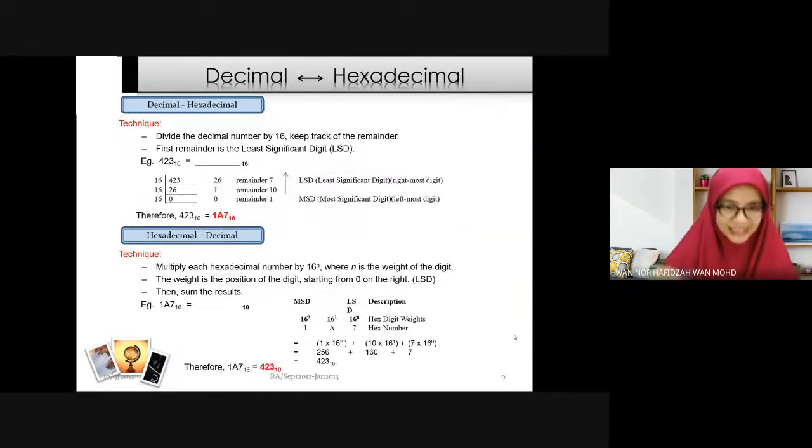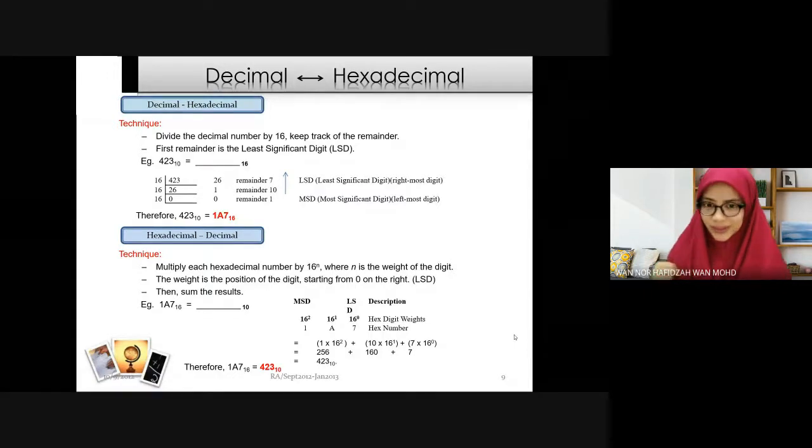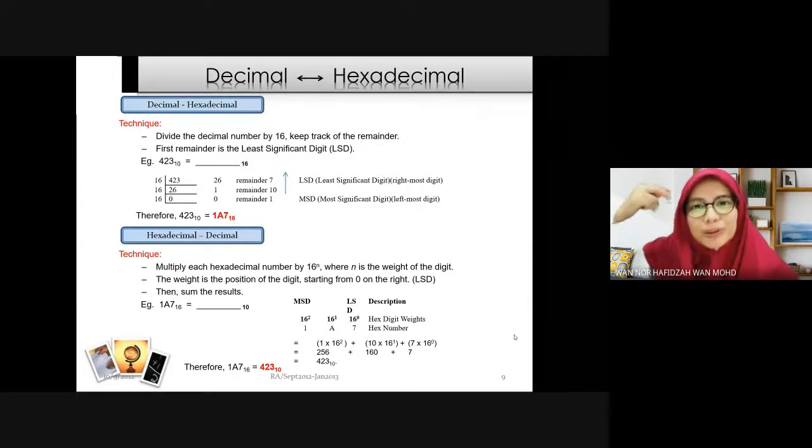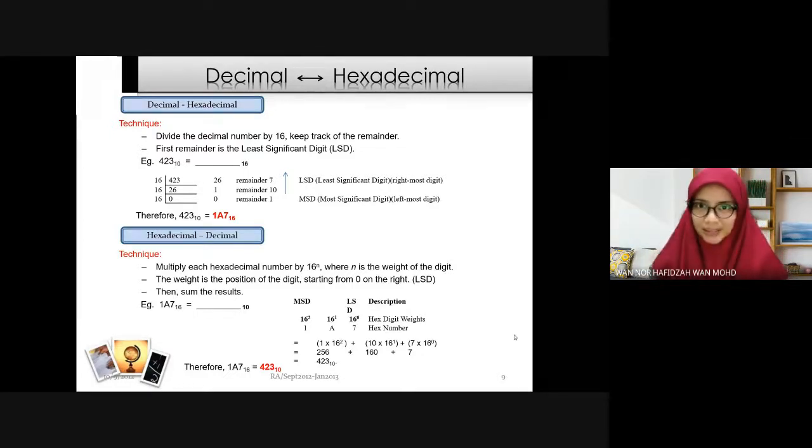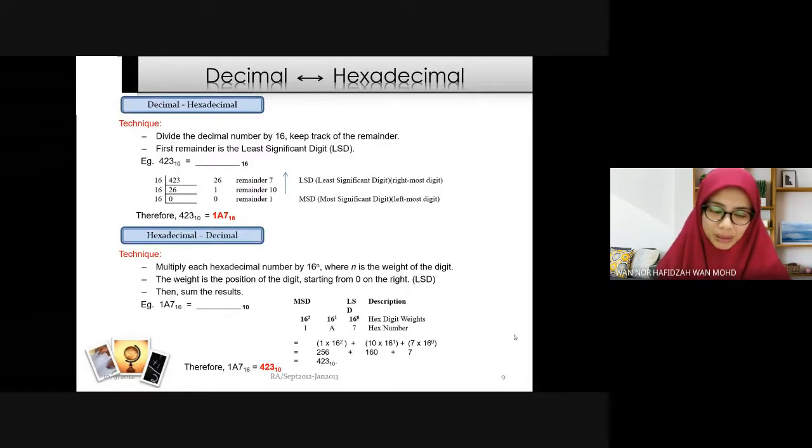Okay, next, hexadecimal. The conversion between decimal and hexadecimal. We know that hexadecimal is base 16. Why does madam say the calculator is very important? Because sometimes we don't want to do manual calculation in our own mind. It's good, but sometimes we have time limitation.